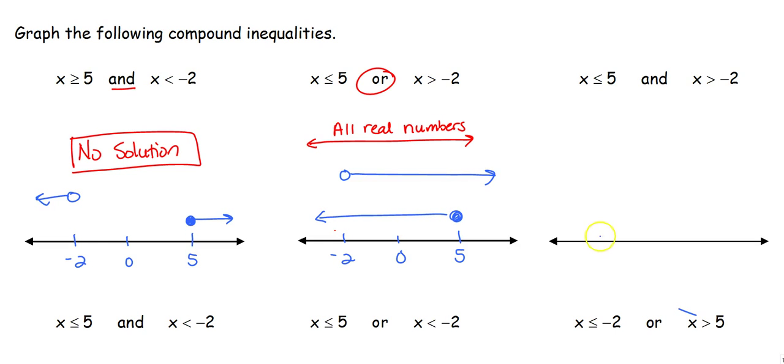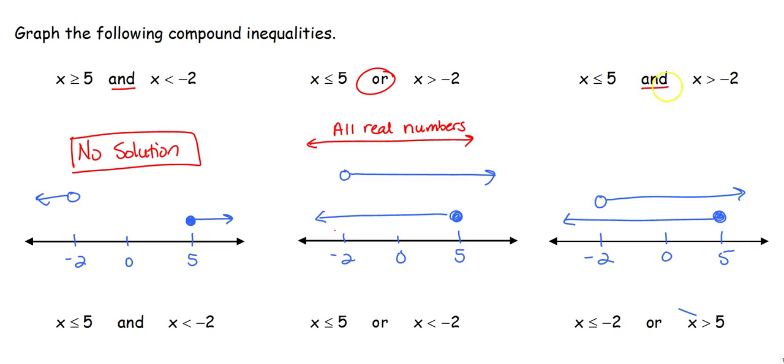We've got our -2 and our 5, less than or equal to 5, going to the left, greater than -2, going to the right. Notice how we started with the exact same inequalities that we did in this one. There is a difference though.